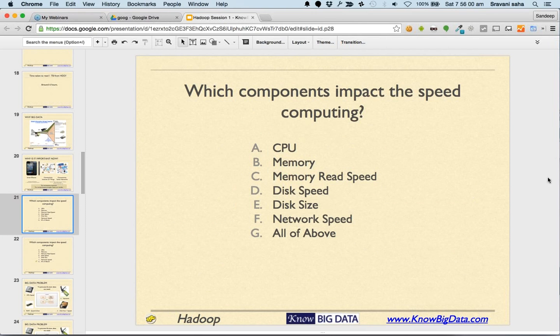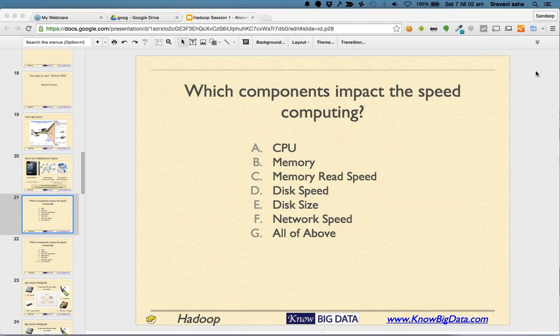All right, here is a question for all of you. Which components impact the speed of computing? Anyone?